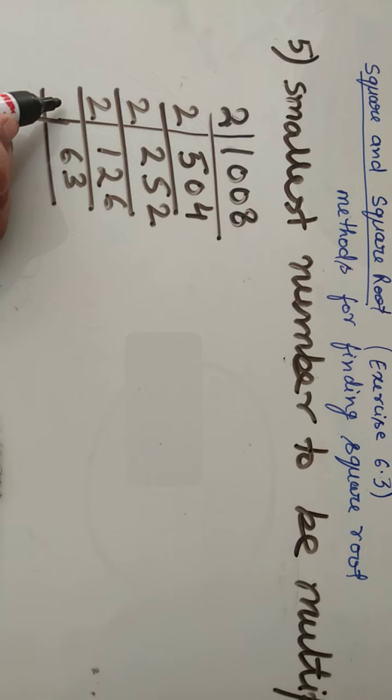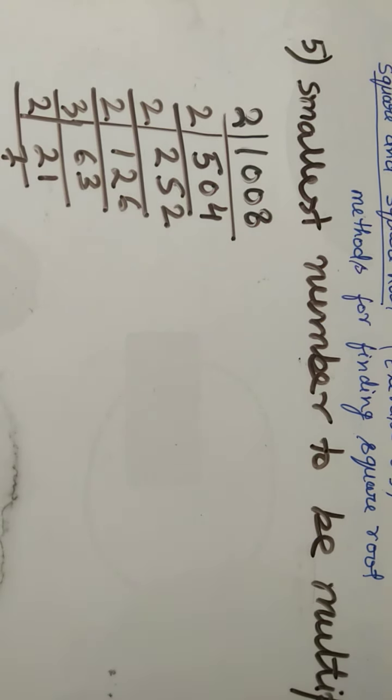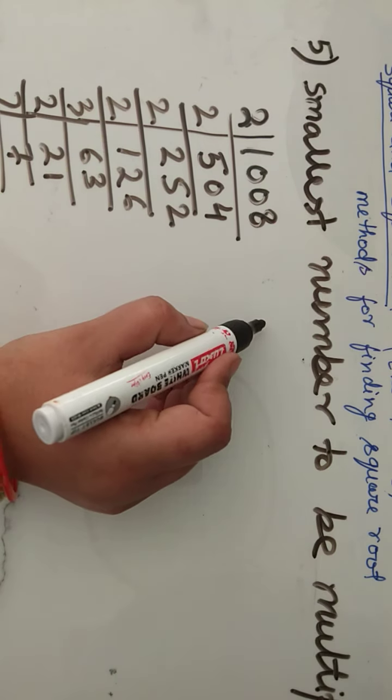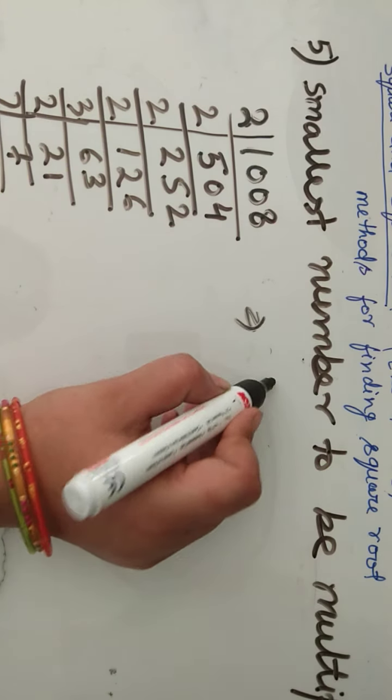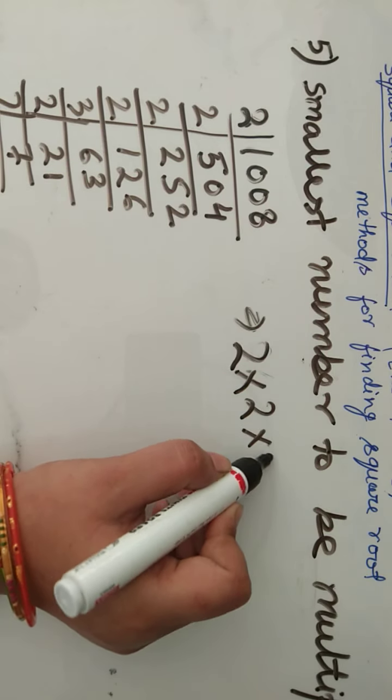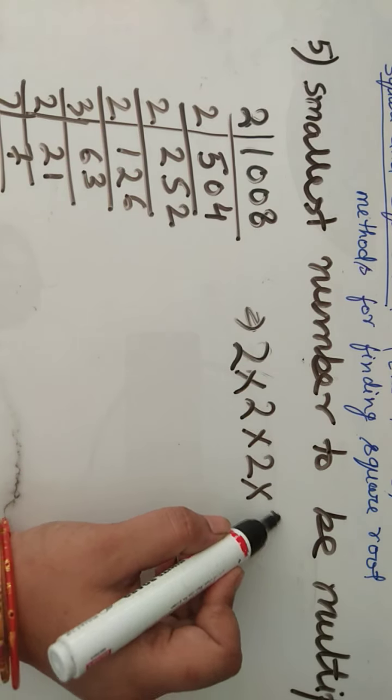Again 3 2s are 6 and 3 1s are 3, then 7 3s are 21 and 7 1s are 7. So now see its factors. The factors of 1008: just see how many times 2 appears, 4 times: 2 into 2 into 2 into 2.